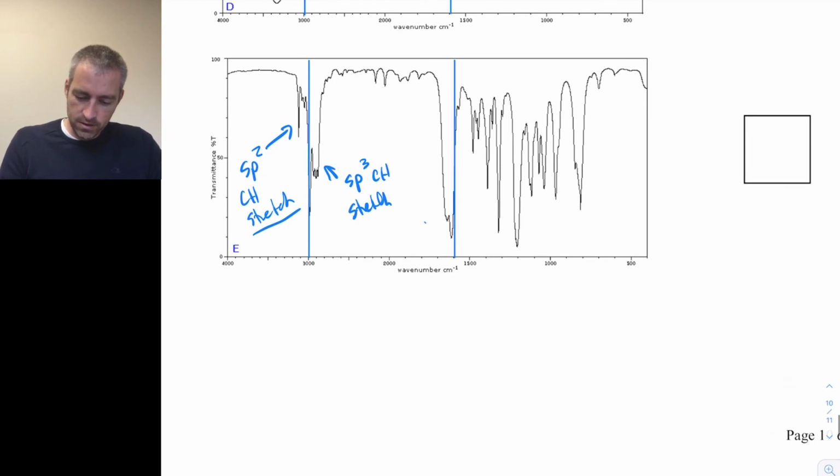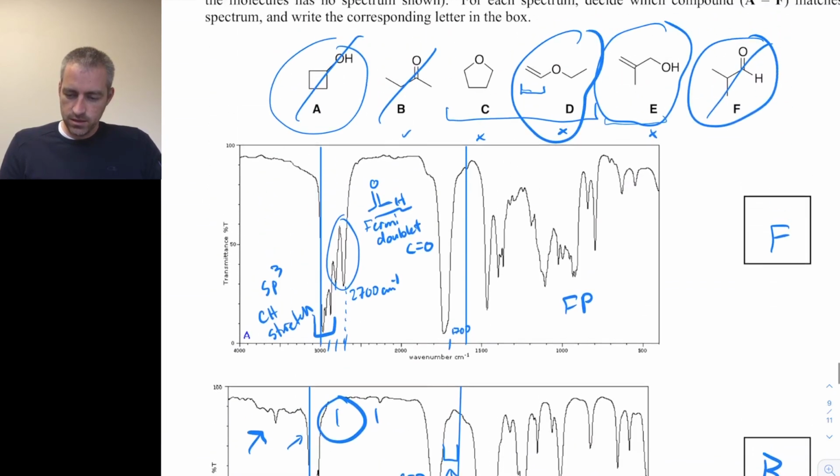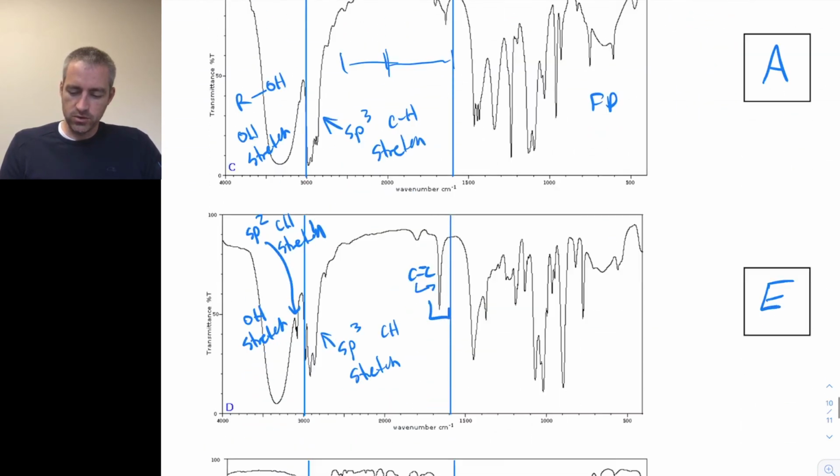We have this, which is between 1600 and 1700, where you find carbon-carbon double bonds, which matches the structure. Also, you see a pretty strong peak around 1200, and I know this is fingerprint, but ethers, which is what we have here, do give strong peaks out there as well, which gives us compound D as most likely.